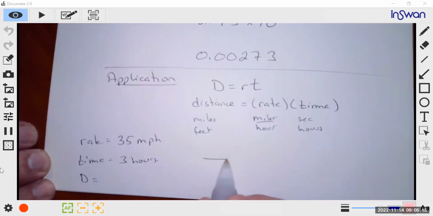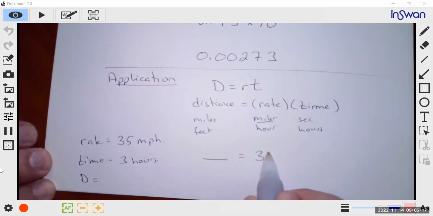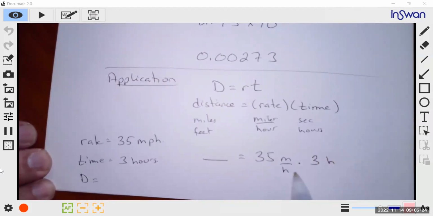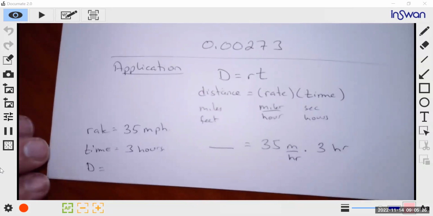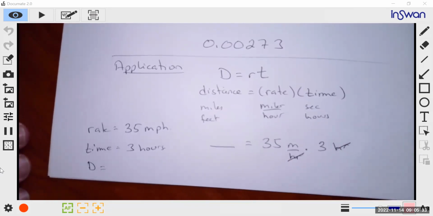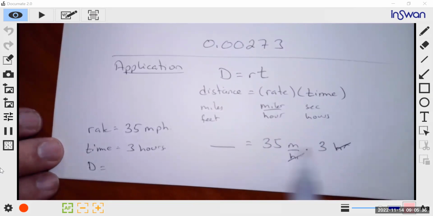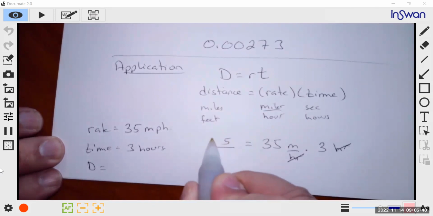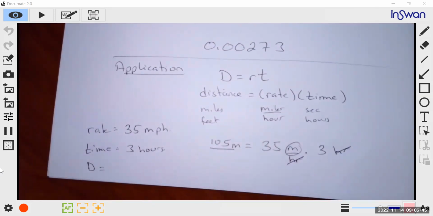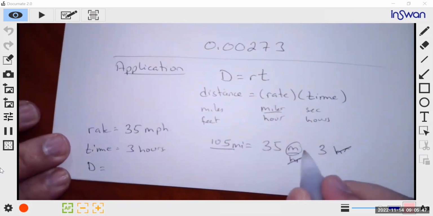So distance equals rate, which is miles per hour, times 3 hours. When we deal with application problems, notice here, the hours cancel. So we have 35 times 3, which is 105 miles.